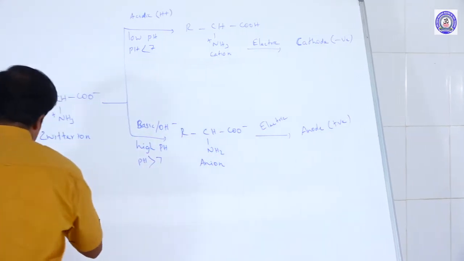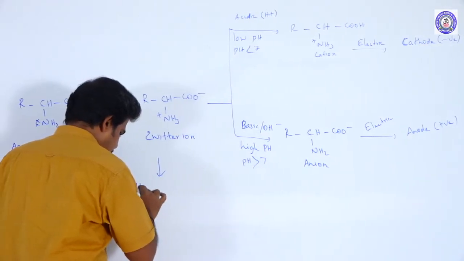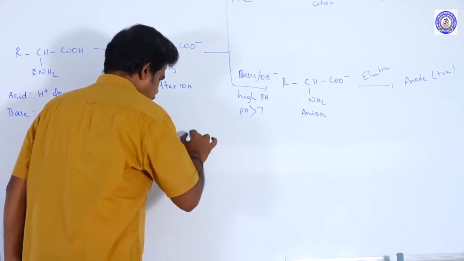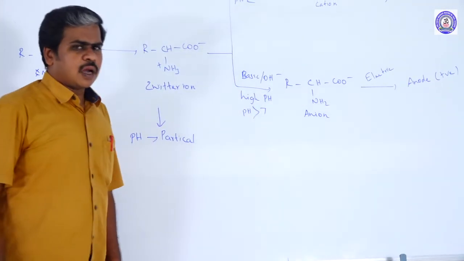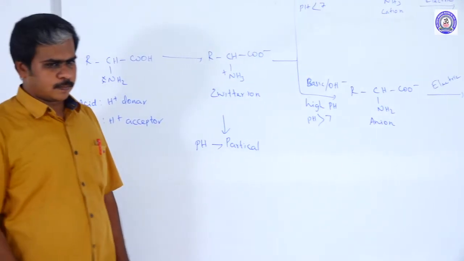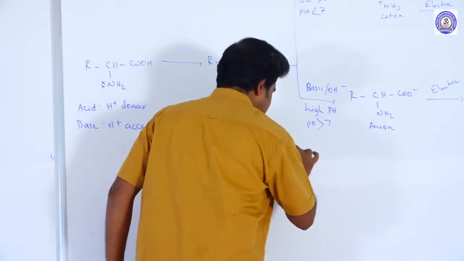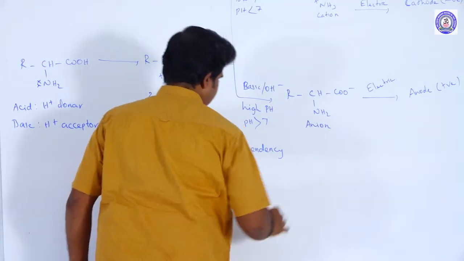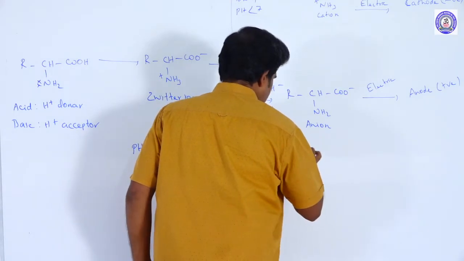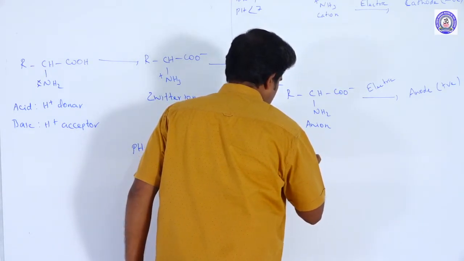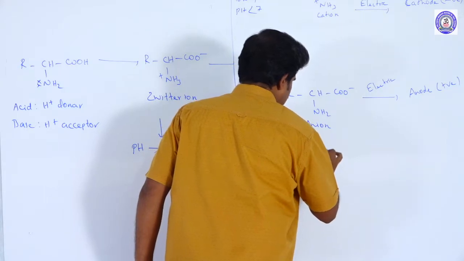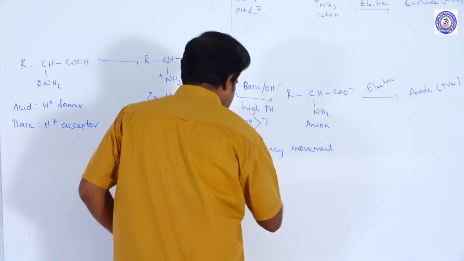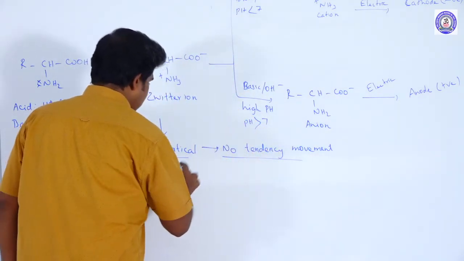Now at a particular pH, the zwitter ion cannot move to either electrode. There is no tendency for movement of the zwitter ion. So there is no movement at a particular pH.